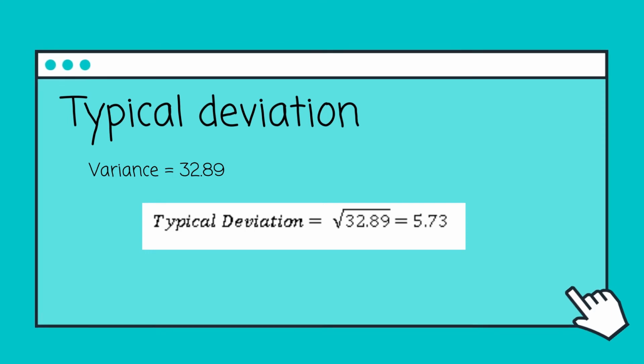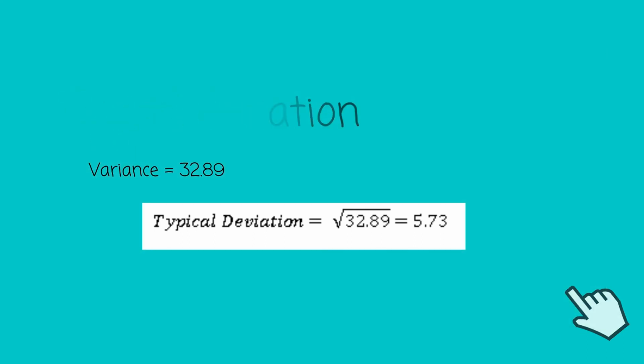So to calculate the standard deviation, we only use the square root of the variance that we obtained before, which is 32.89. We obtain the square root and the result is 5.73. This is the standard deviation of this problem.